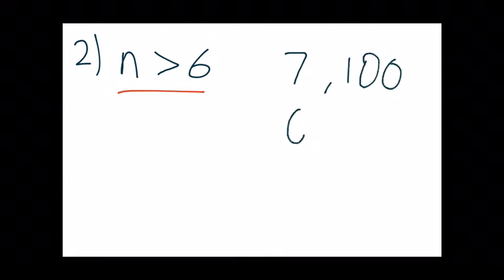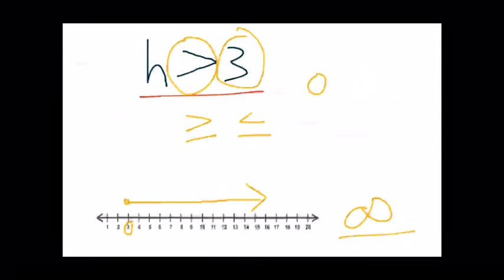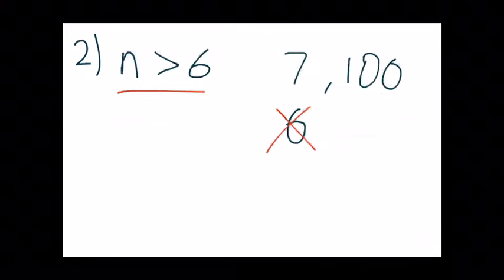That is not an answer to n is larger than 6, because since n is larger than 6, it cannot be 6 itself. And I have previously mentioned this 2 slides back, right here, where this doesn't actually include 3. Thus, 6 is not an answer to the inequality. Any number larger than 6 will be a correct answer to the inequality.